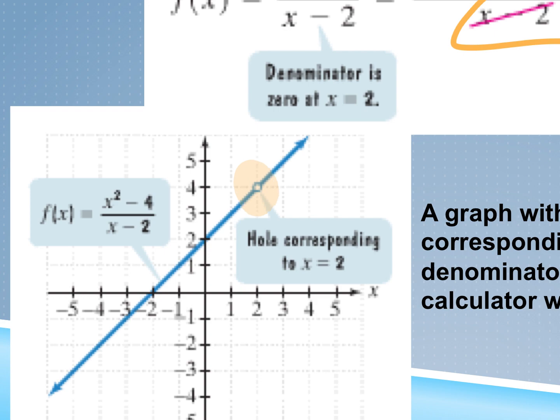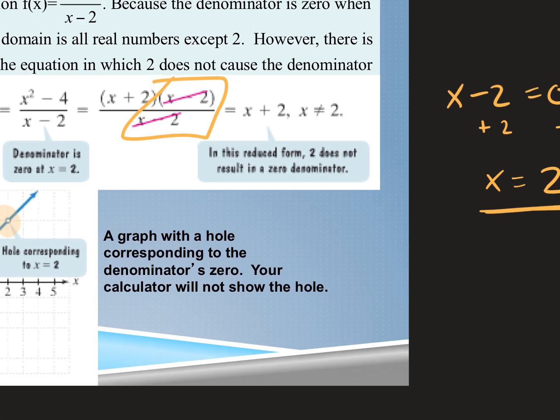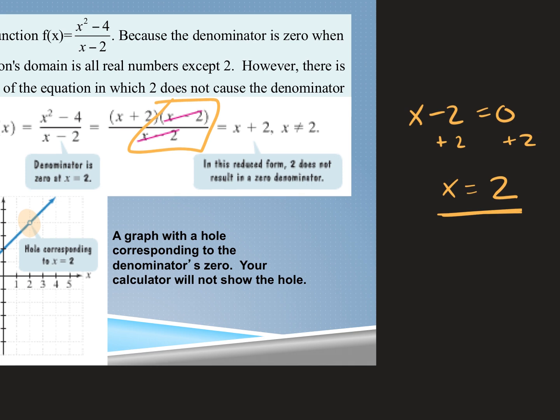So how do you think I could find the y value of my hole? What do you think? Plug it into what? Because if I plug it in here, I get 0 in the denominator, which is undefined. But what do you think I could plug it into? The x plus 2.